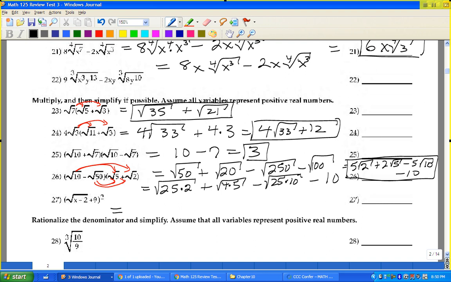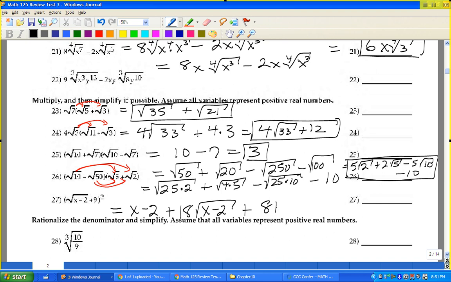And so I have that rad x minus 2 plus 9 quantity squared is just equal to, well, the rad squared, but the square gets rid of the square root, so it's just x minus 2 plus, well, by the special product formula, it's just equal to the radical times 9 times 2. Well, 9 times 2 is 18, rad x minus 2, plus 9 squared is 81.